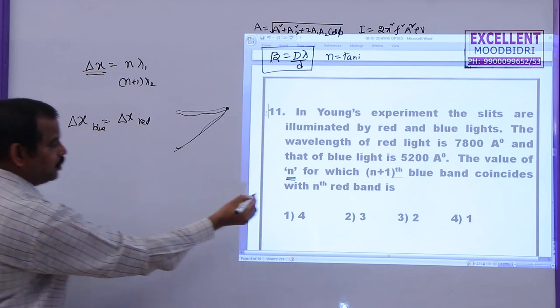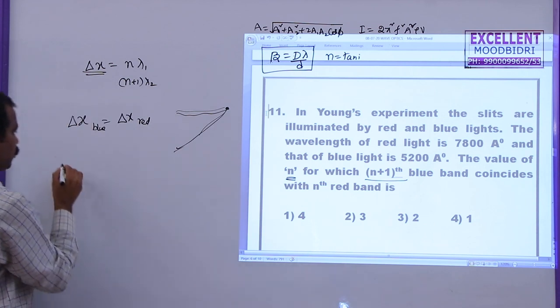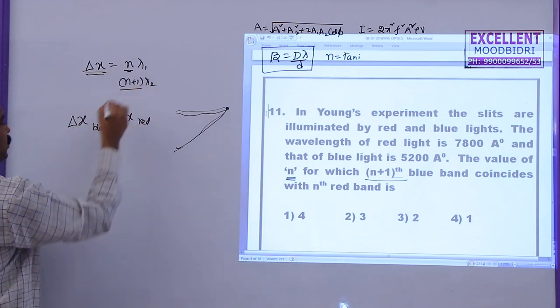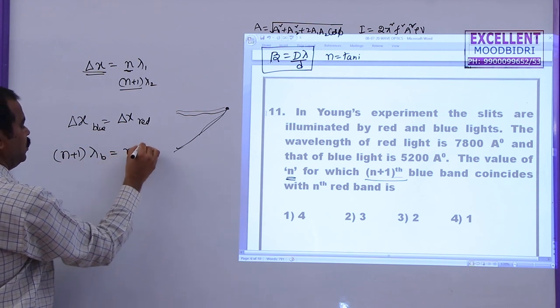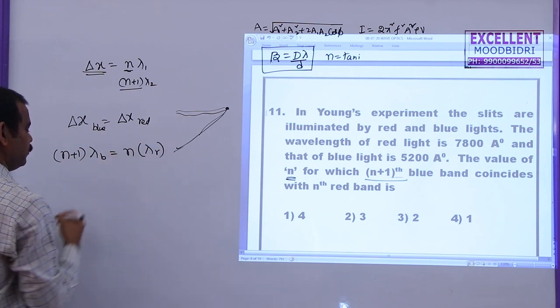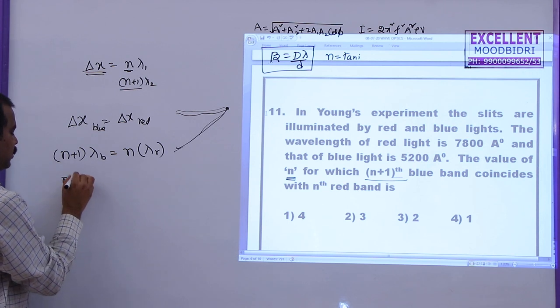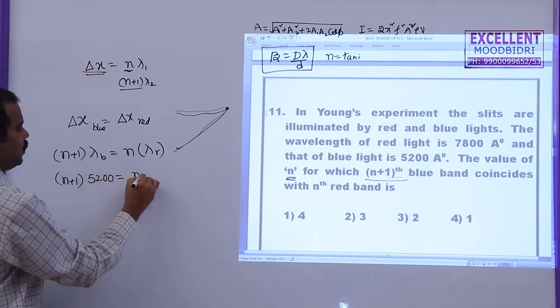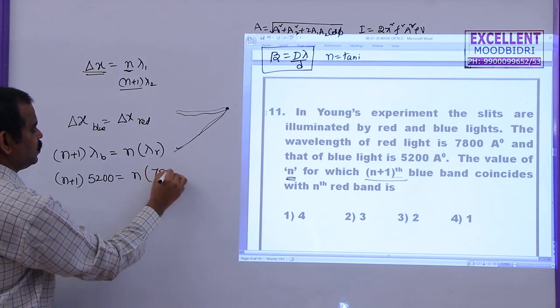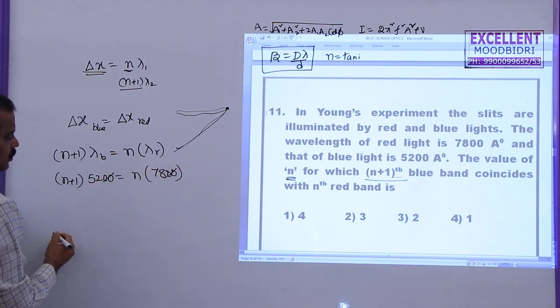For blue, it is given the n plus 1th blue, so delta x is equal to n plus 1 into lambda blue, equal to n into lambda red. So n plus 1 into 5200 for blue, and 7800 for red, the zeros get cancelled.